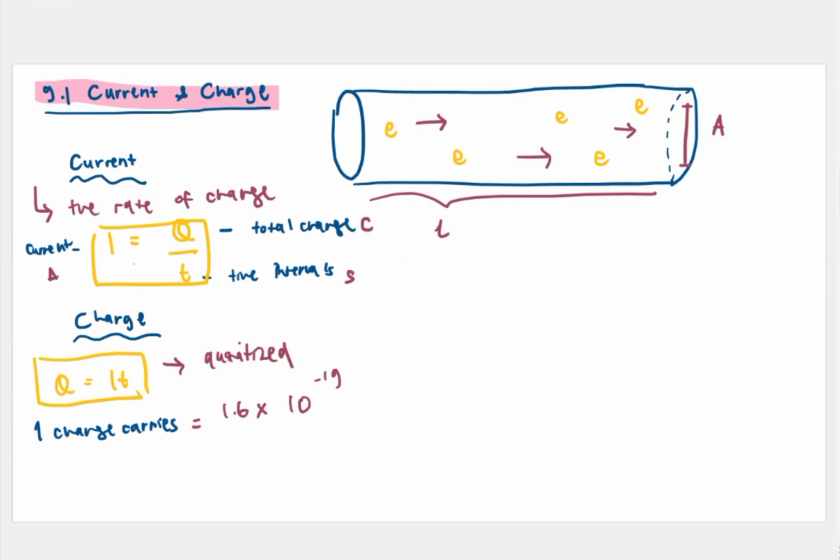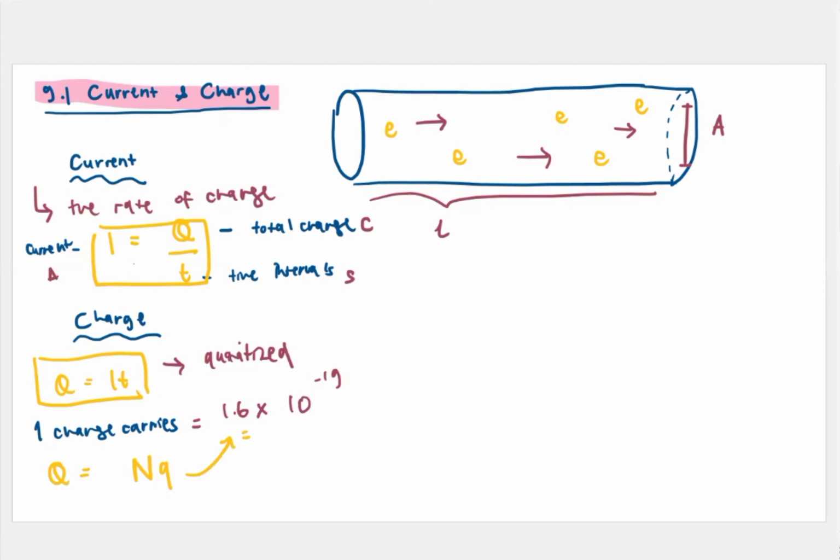Okay, now, to find the total charge, we could just multiply the number of charge carriers by its Q, or its quantized value, which is that. Simple as that.